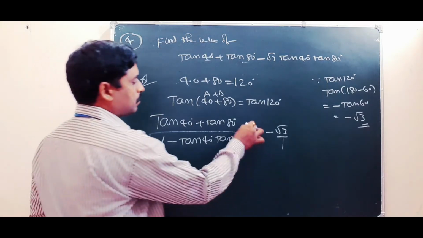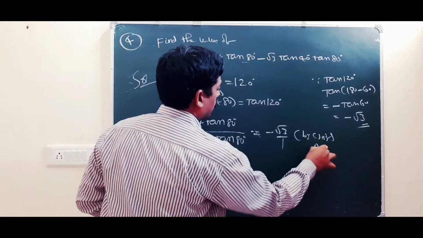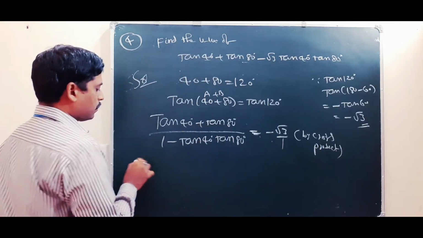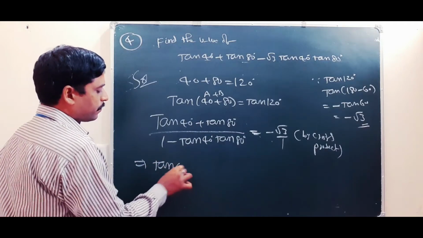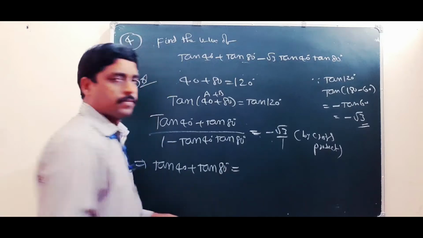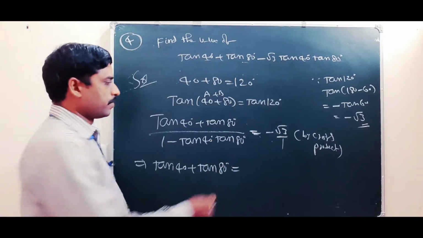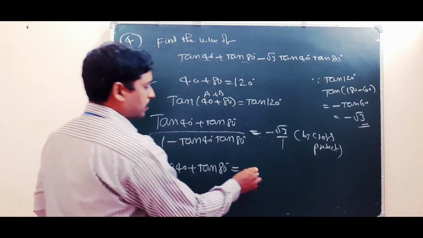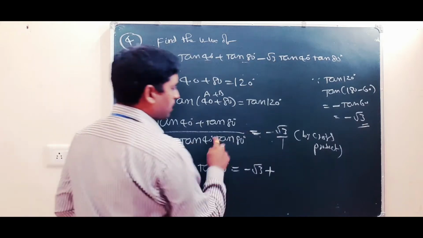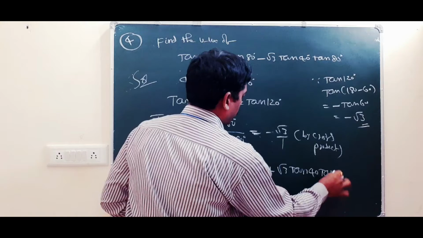Okay, so let us do cross multiplication. By cross multiplication, this value will be tan 40 plus tan 80 is equal to minus root 3 times of (1 minus tan 40 tan 80). So minus root 3 into 1 is minus root 3, minus into minus is plus root 3 times of tan 40 tan 80.